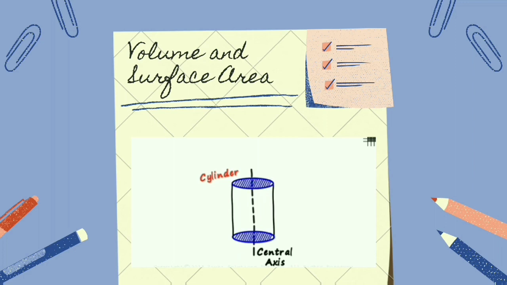The areas of the two circles are equal. That's because the cylinder we consider has a uniform cross-section. This tells us that the radii of the two circles will be equal. In a right circular cylinder, the distance between the two centers of the circles is its height. Let's call it h.